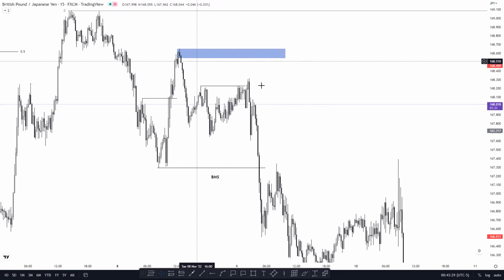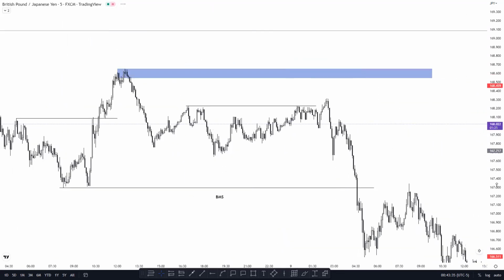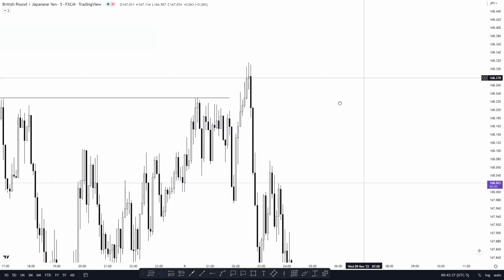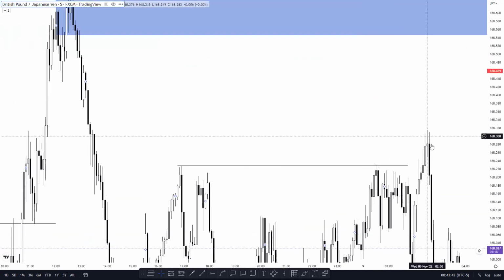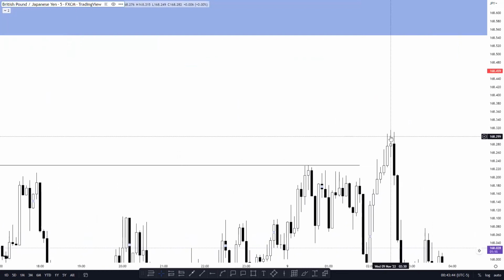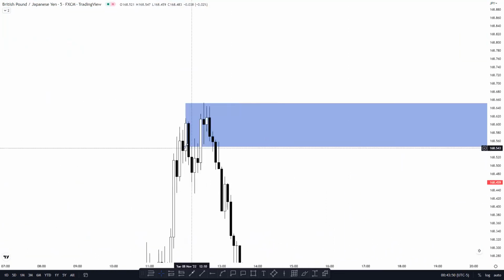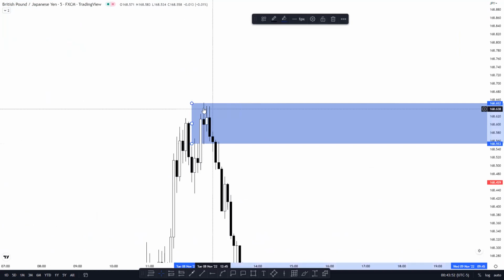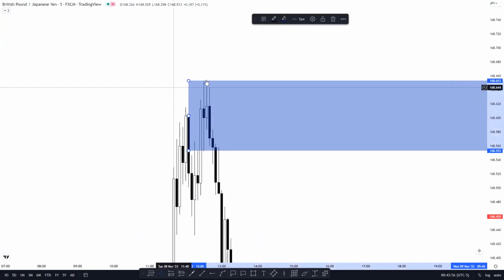Okay, so we will look on the lower time frame for a candle with a fair value gap in there. So we have this candle. Why this candle? Because you see, this is the last candle which has taken out all these liquidities right here. And same thing here, this is the last candle, and the wick of this candle closed above all of these.